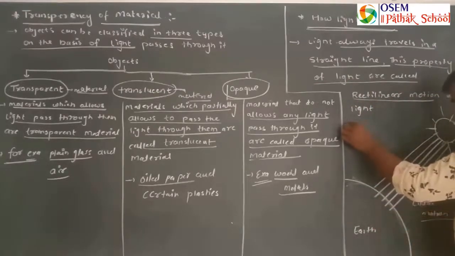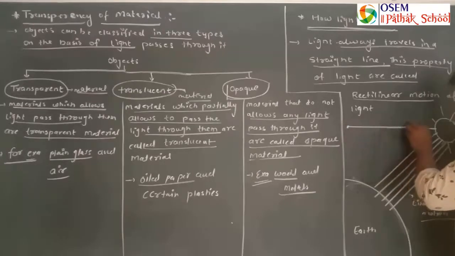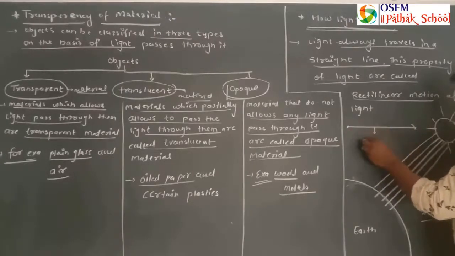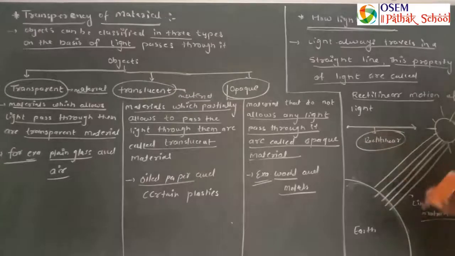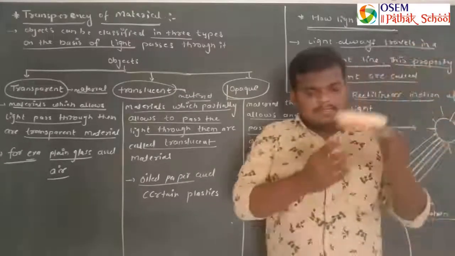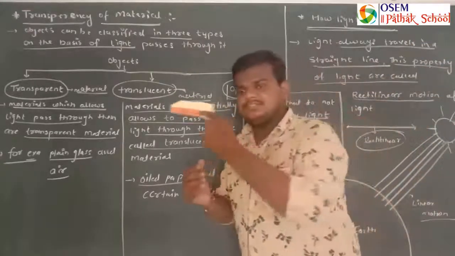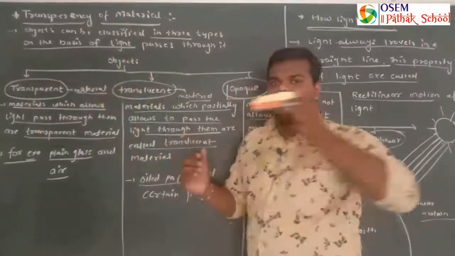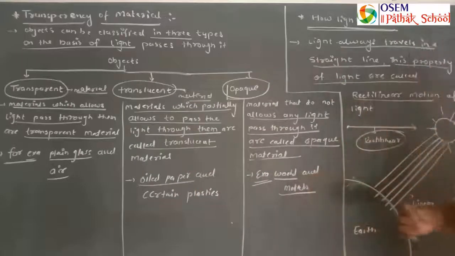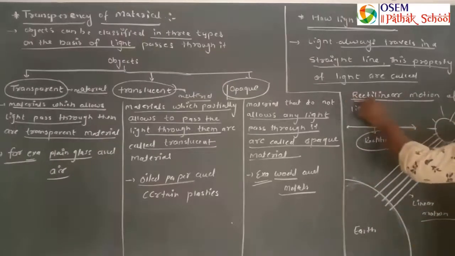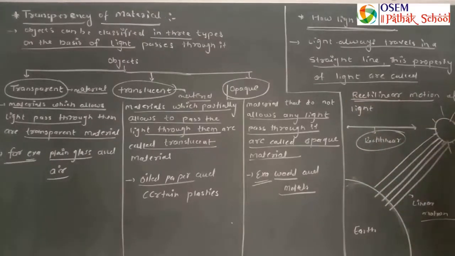So the object which is moving in a straight line, this motion is considered as rectilinear motion. For example, this is my object and it is moving here in this direction. So this motion is called rectilinear motion. So light has rectilinear motion and it is moving in a straight line.